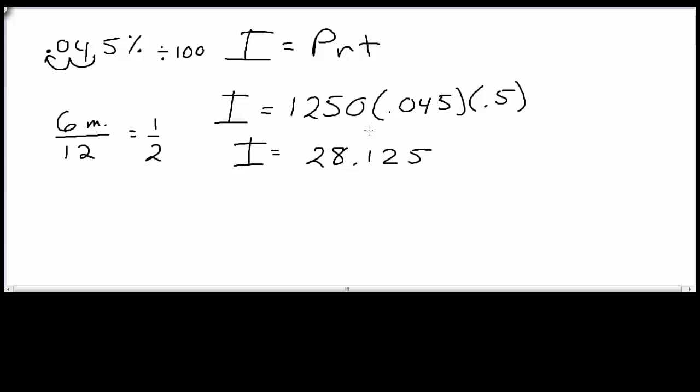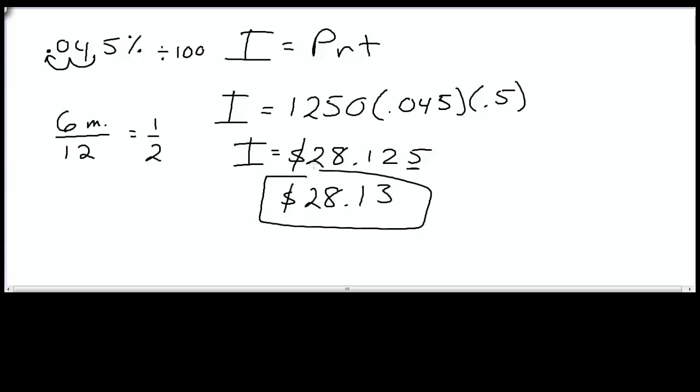Now this is a monetary value, so it only makes sense to have 2 decimal places. So I'm going to round to the nearest hundredth spot. So my 5 will be rounded up to a 3. So we'll say in this case, after 6 months, $28.13 is earned in simple interest.